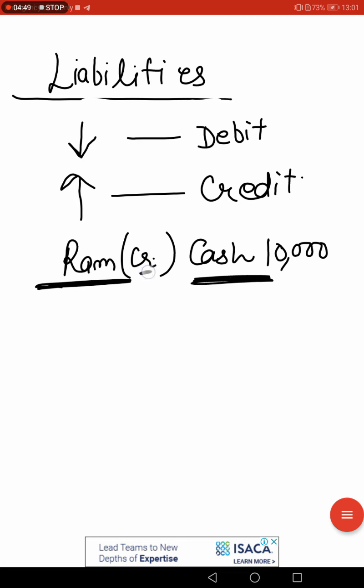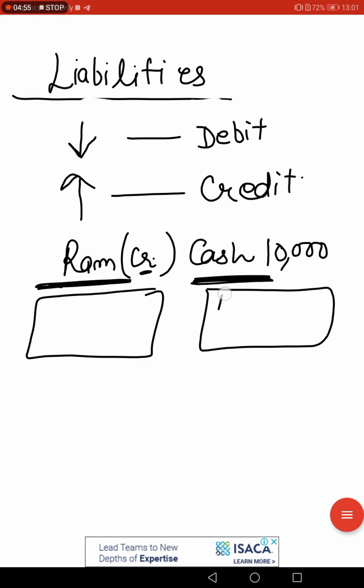Ram, as he is your creditor, is your liability, and cash is your asset. For the asset, the rule will be, if there is increase, debit the account. If there is decrease, you will credit the account. Done. Ram is your liability. If there is decrease, you will debit the account. If there is increase, you will credit the account.